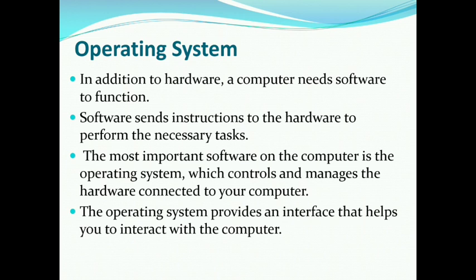We cannot use the computer system without system software. For example, the operating system is an example of system software. Utility programs are also an example. We will discuss in detail what the operating system is and what utility programs are.